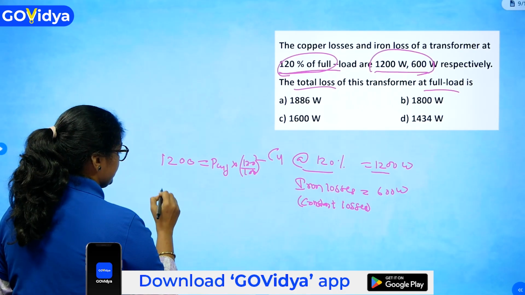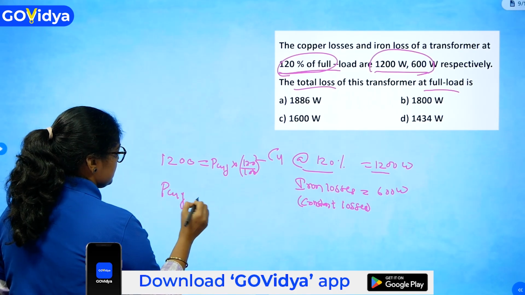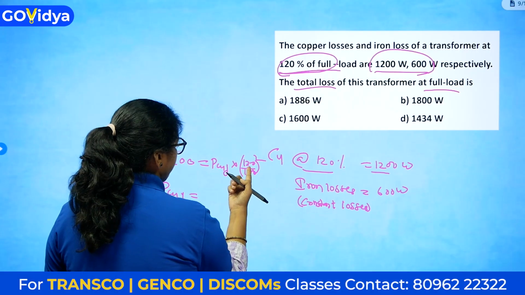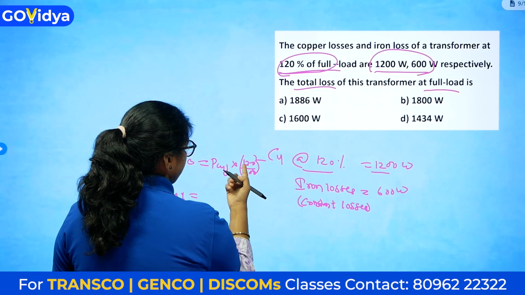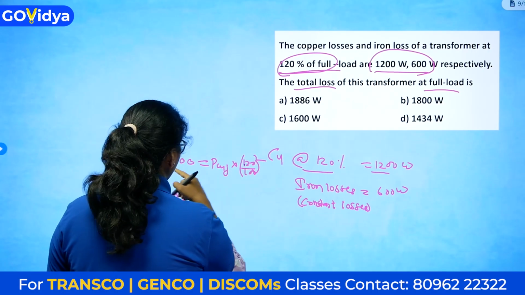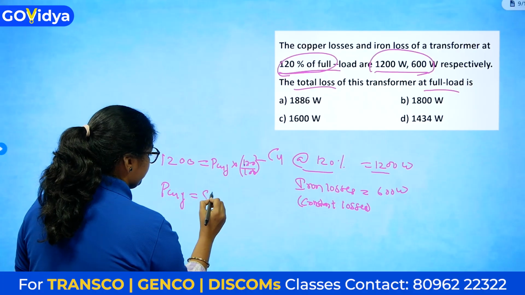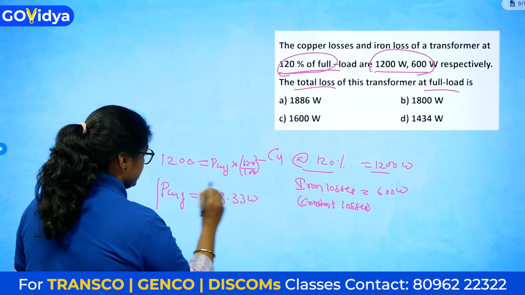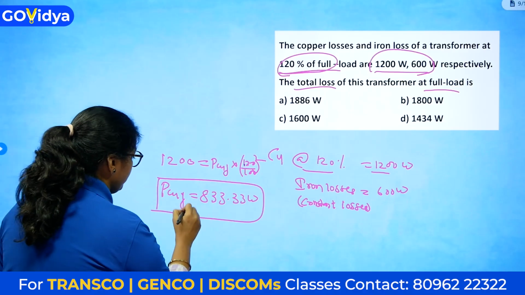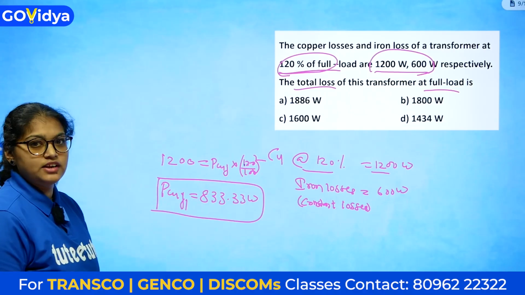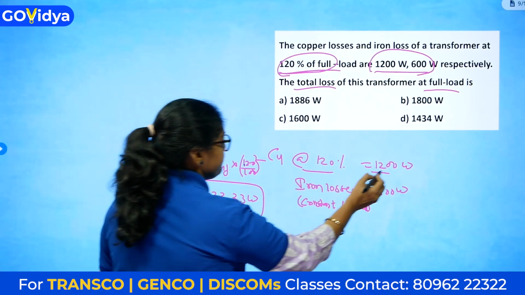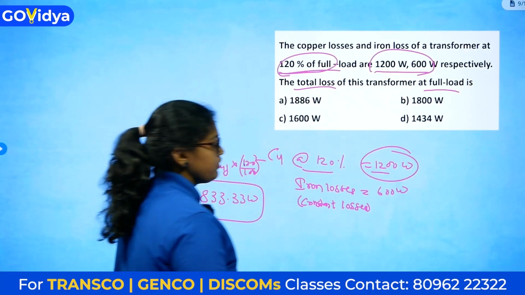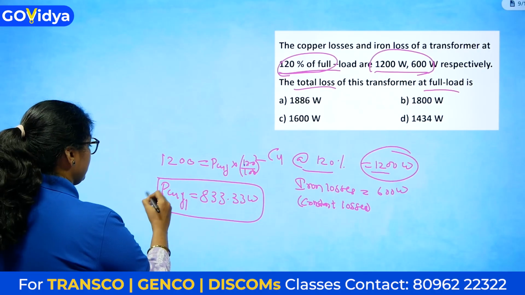From there we will get the full load copper losses. 1.2 square is 1.44, and 1200 by 1.44 gives 833.33 watts at full load. The copper losses at full load are 833.33 watts, but at 120% it is 1200 watts. But I have to calculate on the full load.